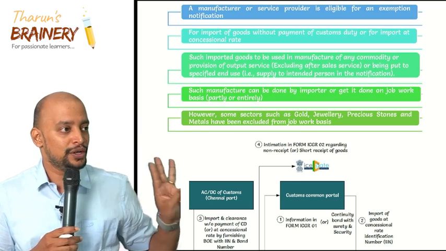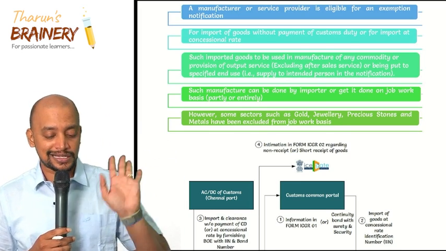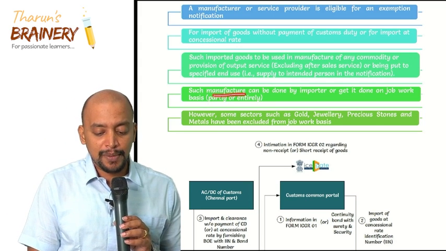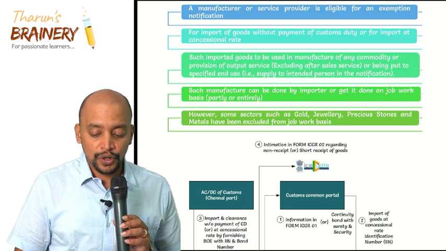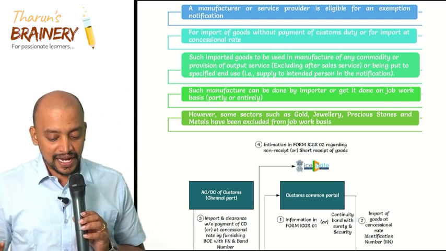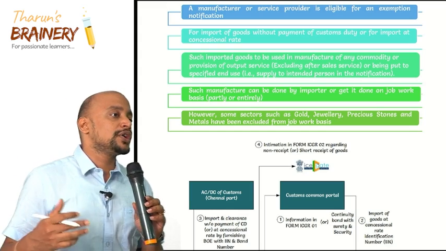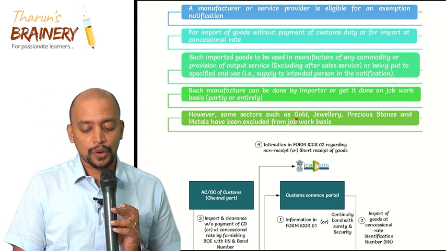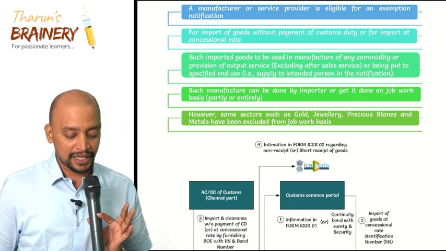These three things you can do, and you can import the goods either without payment of duty or at concessional rate of duty. And those goods which are brought by a manufacturer can be used on his own, or he can get it done on a job work basis. Then that is COVID vaccine you are manufacturing. Either you can do the manufacture or you can get it done on a job work basis. But job work with respect to gold, jewelry, precious stones and metals is not permitted.